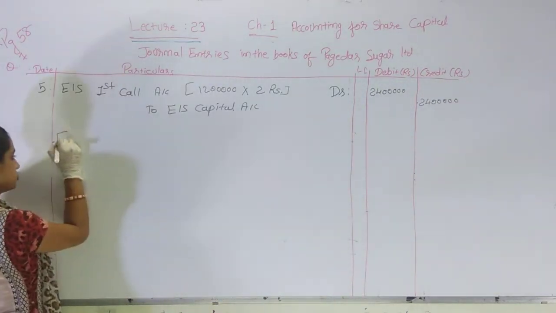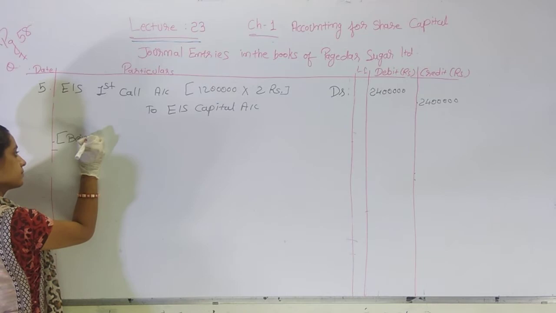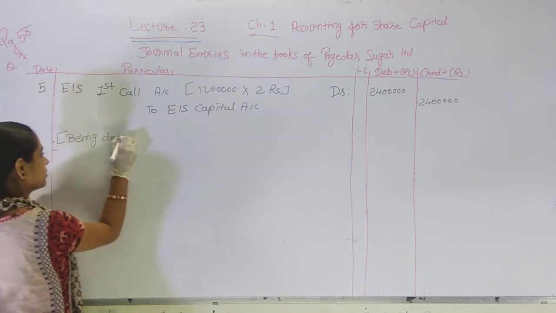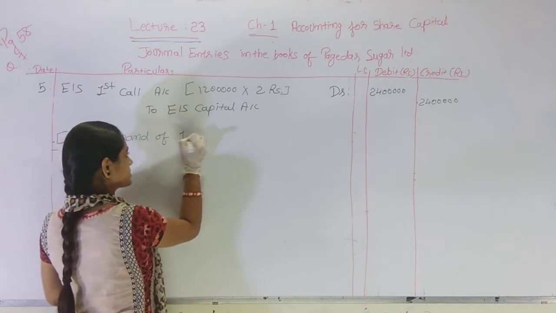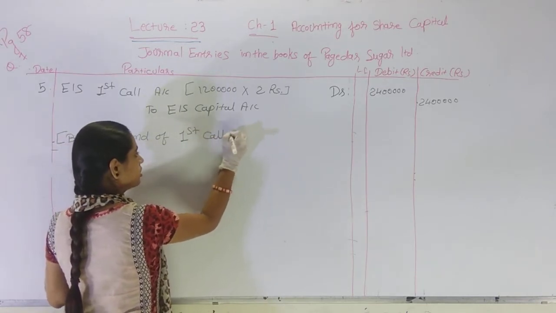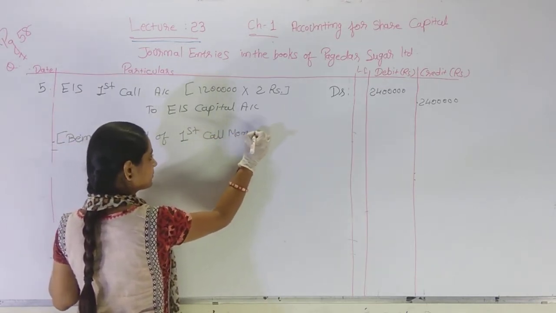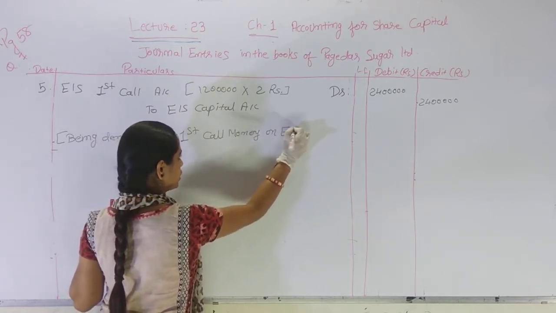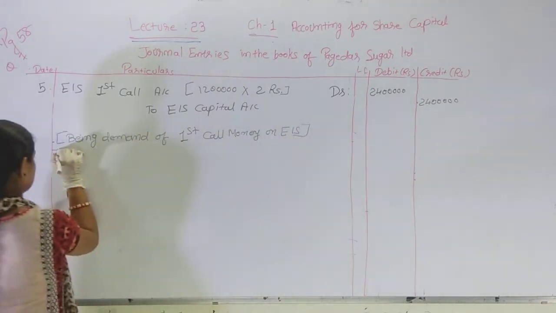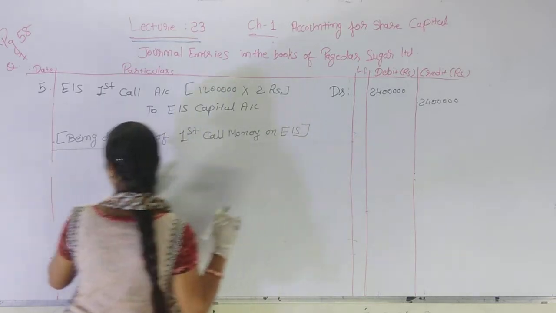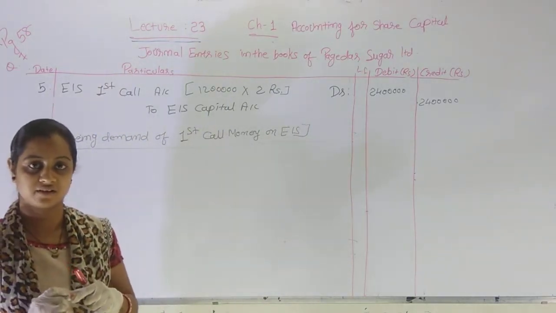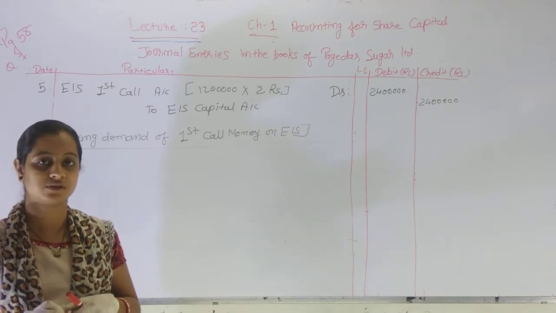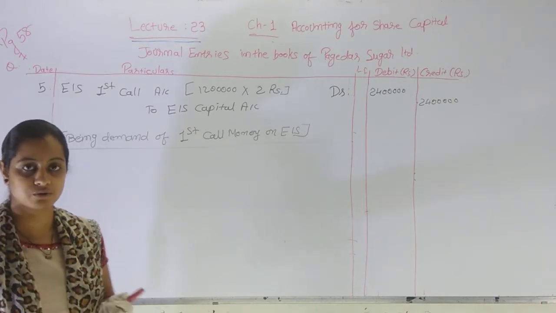Into bracket we have to write being demand of first call money on equity shares. Bracket over, underline, leave one line, then sixth. Sixth is receiving. But in receiving, we have not received amount from Aishwarya, right?